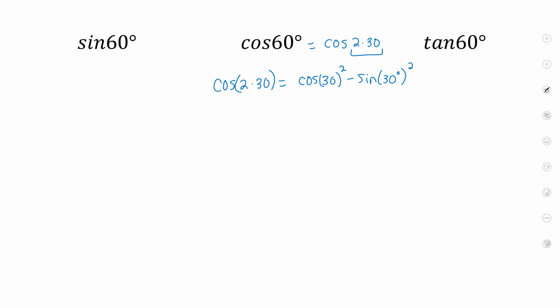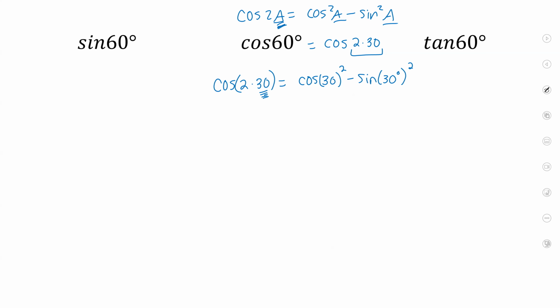Let me just remind you of the identity. Cosine 2a is the same thing as cosine squared a minus sine squared a. So in this case, our a value is 30. So that's what I put here and here.